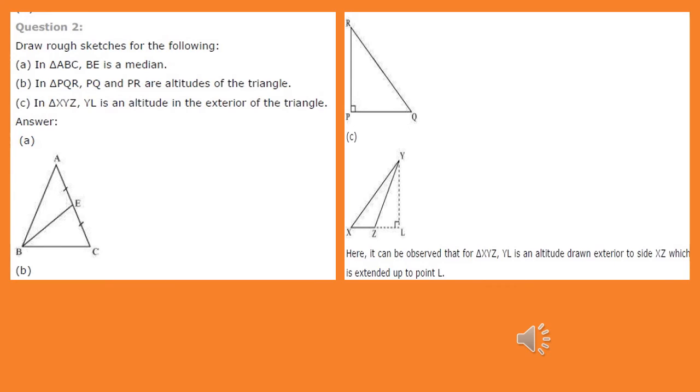Remember, whenever the altitude is in the exterior, that means outside the triangle, the triangle is an obtuse angle triangle. In that case, the altitude lies outside the triangle. Look at the diagram.